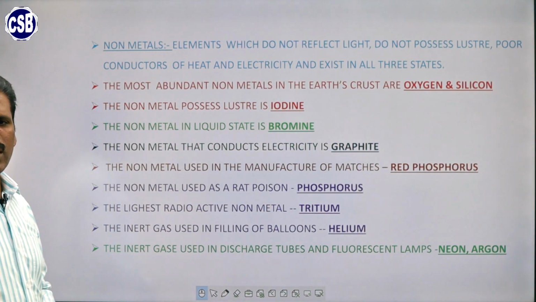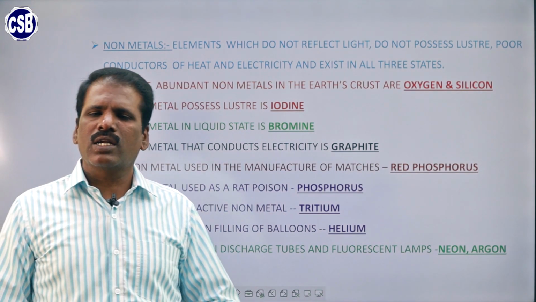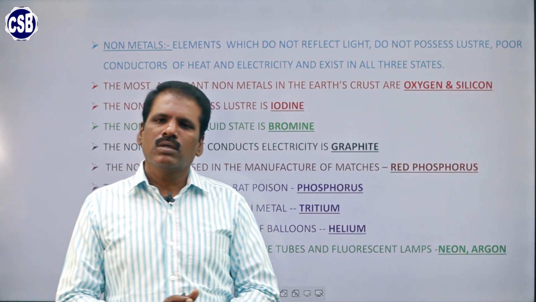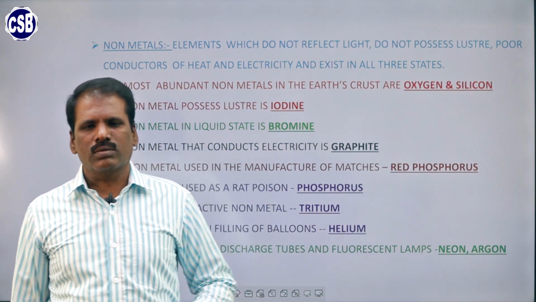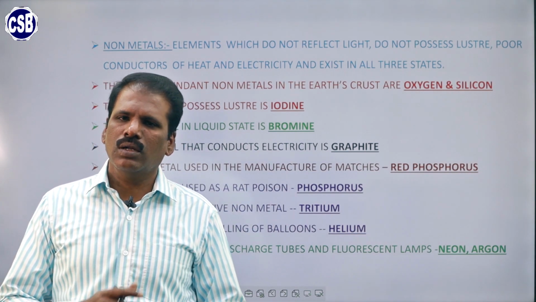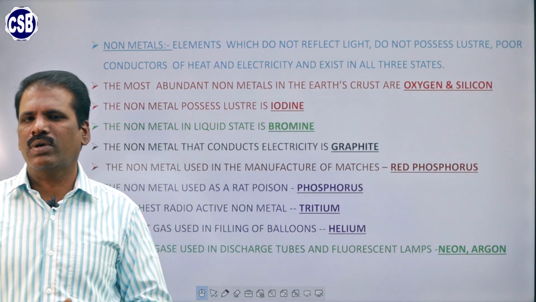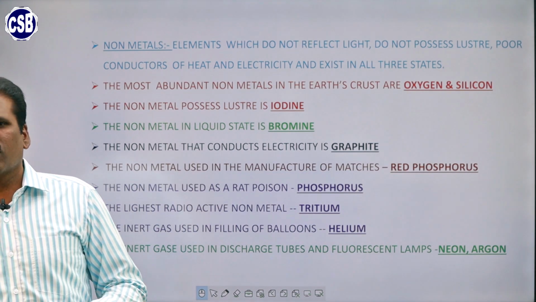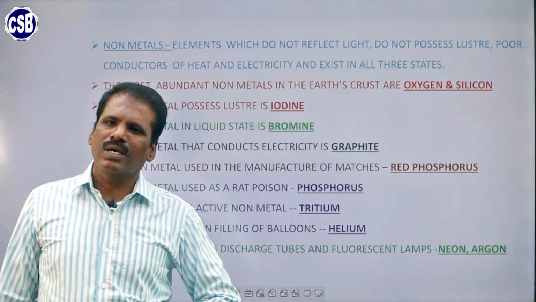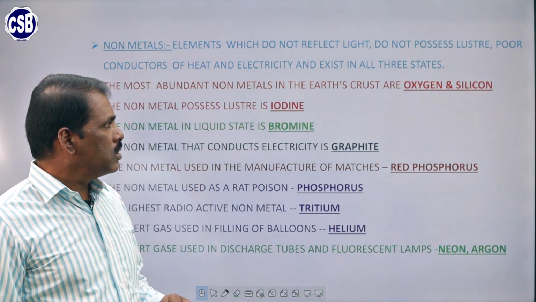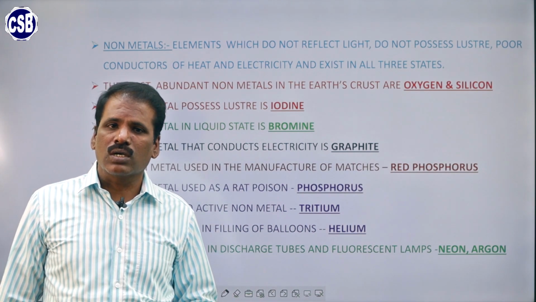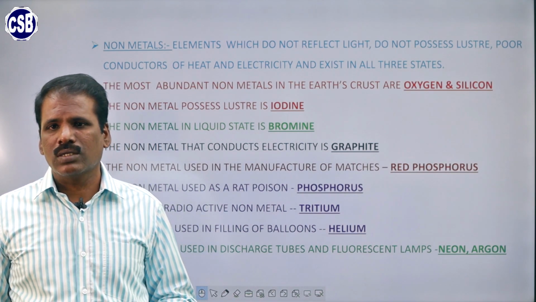Coming to the non-metals, what are the characteristics of non-metals? They are exactly the opposite of metals. Metals are lustrous, they reflect light, but non-metals do not reflect light, they are not lustrous. Metals are very strong, but non-metals are brittle in nature.